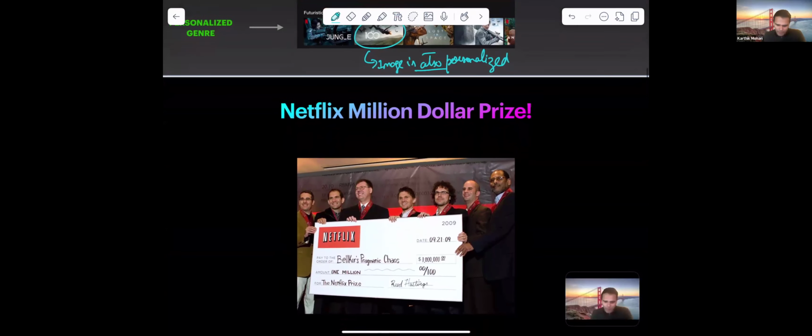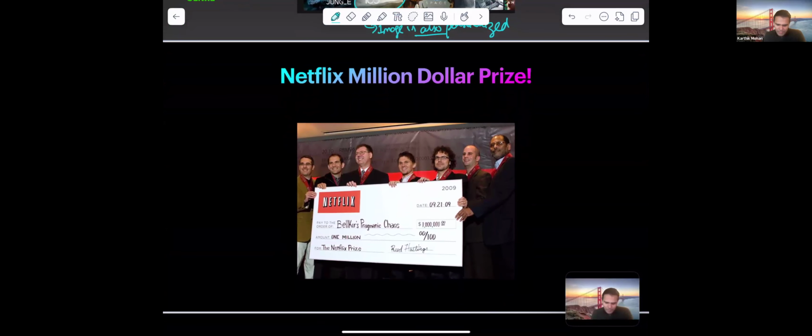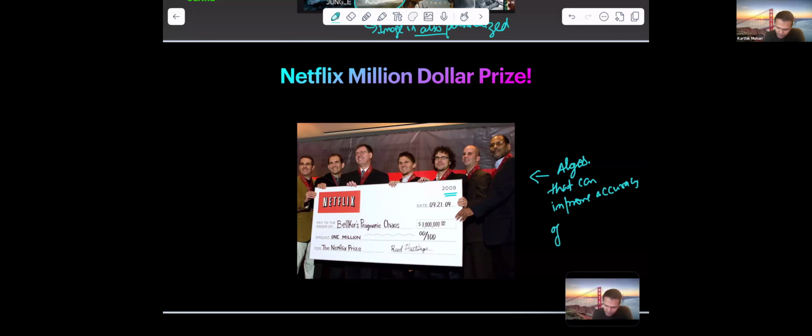And Netflix had a $1 million prize sometime back, in 2009, on what algorithms would improve the accuracy of movie recommendations.